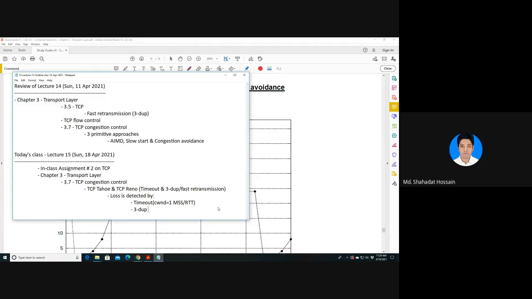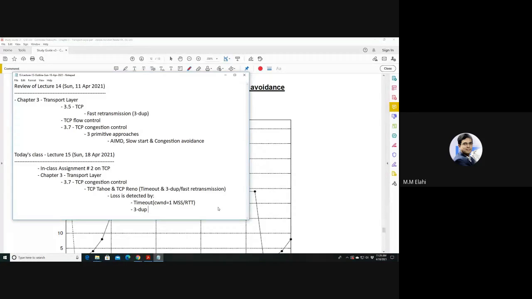The three duplicate. Very good. Because three duplicate means we don't need to wait for the timeout. Somehow one segment was lost, but normally all the other segments are received by the receiver, so the receiver is sending multiple duplicate acknowledgements. That means network condition is better. If we need to wait until the timeout, network condition is not good.